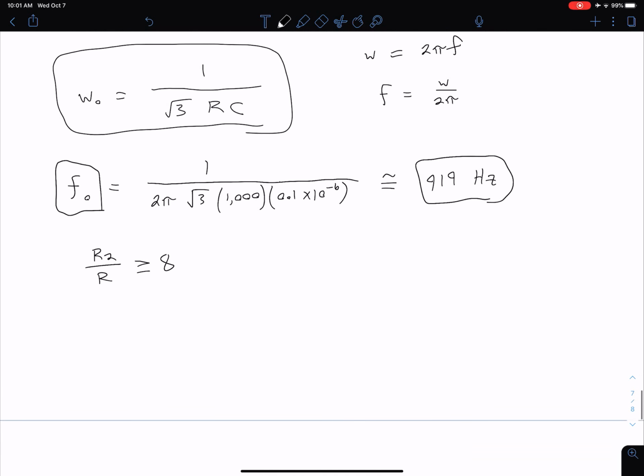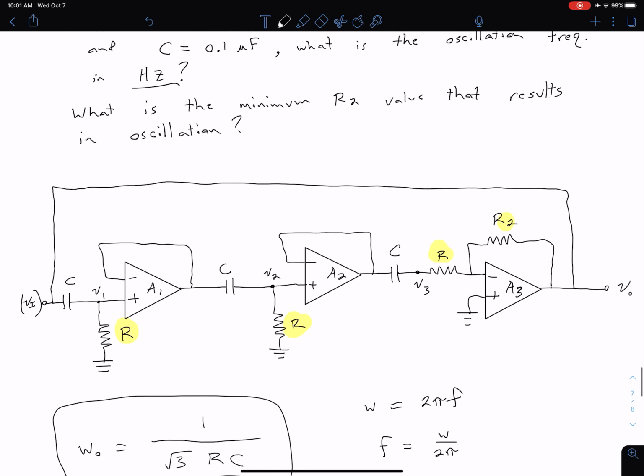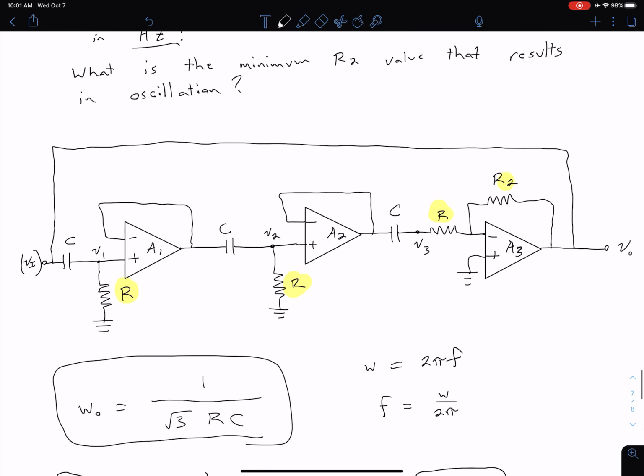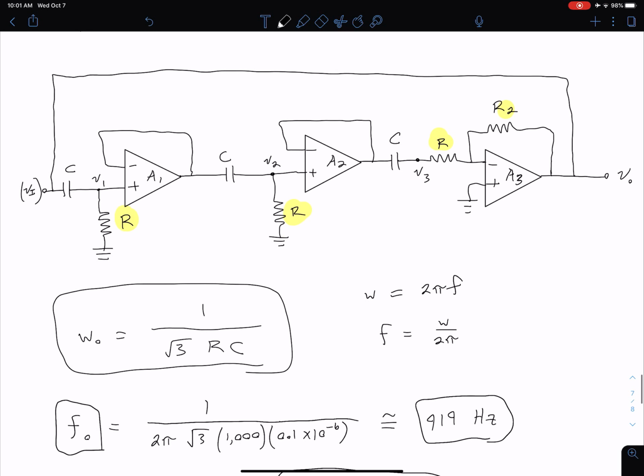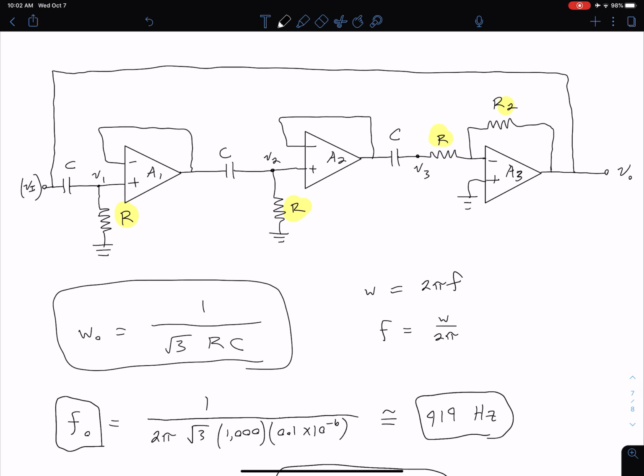If R2 over R is greater than or equal to 8, and our R is just 1K, that means our R2 has to be greater than or equal to 8K ohms in order for oscillation to occur. To answer the question specifically, the minimum R2 to result in oscillation would be 8K ohms.